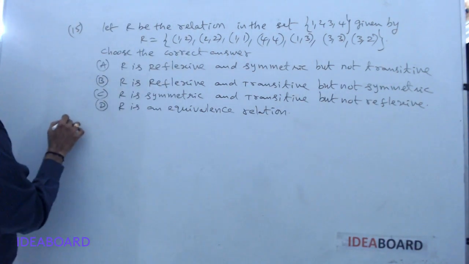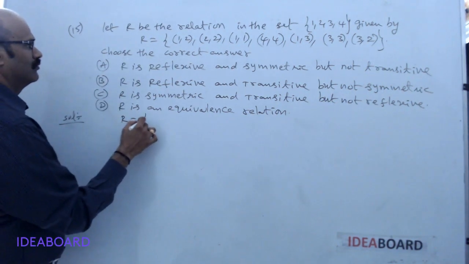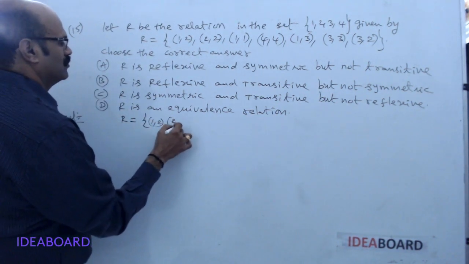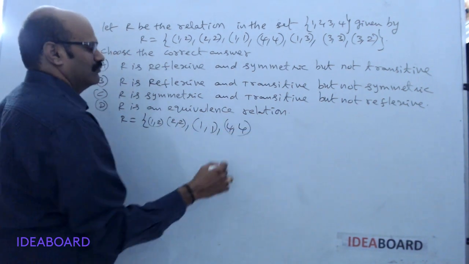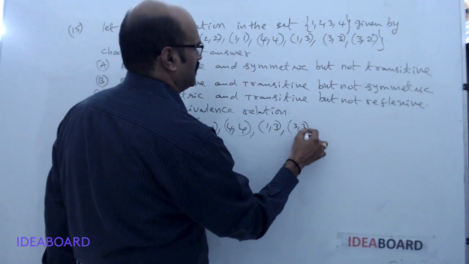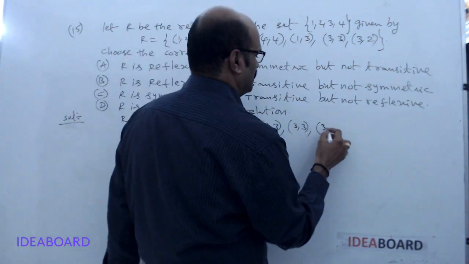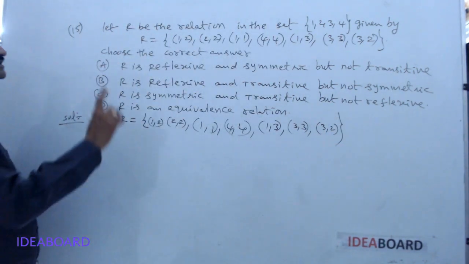Solution. The given relation is R equal to {(1, 2), (2, 2), (1, 1), (4, 4), (1, 3), (3, 3), (3, 2)}. First we have to verify whether it is reflexive or not.